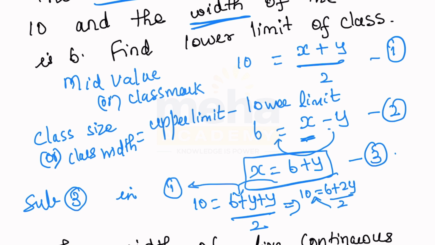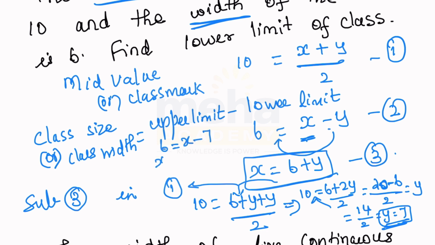This 2 goes to the other side. It is a linear equation, so 20 minus 6 over 2 is equal to y. That is 14 over 2, so y is equal to 7. If y is equal to 7, then 6 is equal to x minus 7, so x is equal to 6 plus 7, then x is equal to 13.